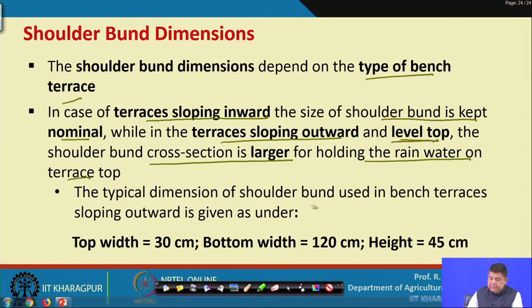So, typical dimensions of shoulder bund used in bench terraces sloping outward are given, that is top width is 30, bottom width is 120 and height is 145 centimeters. This is a typical, we can design of course, depending upon the size of the terrace and so forth.